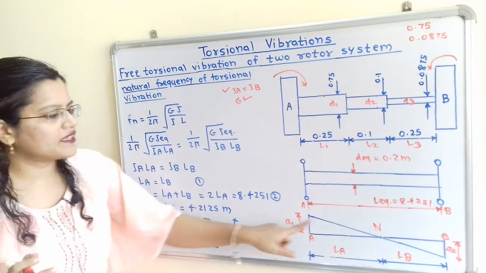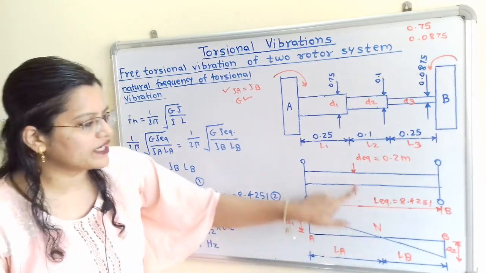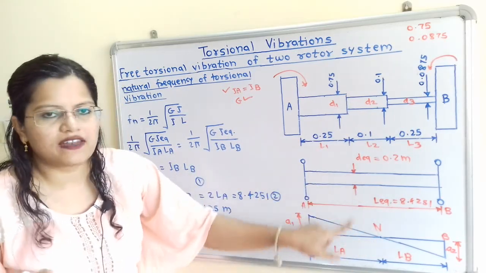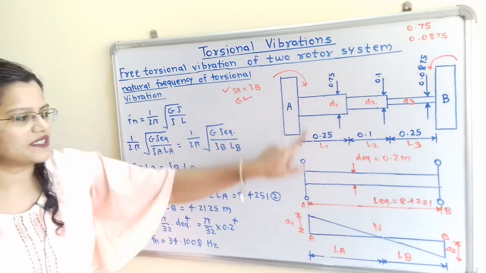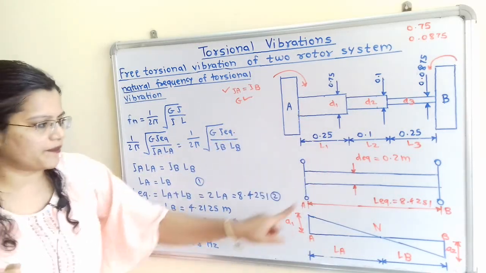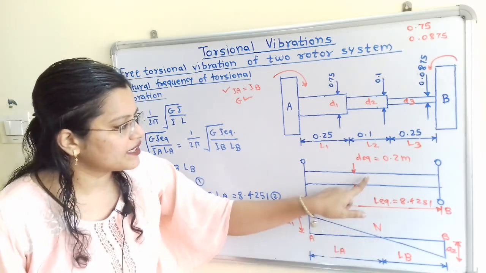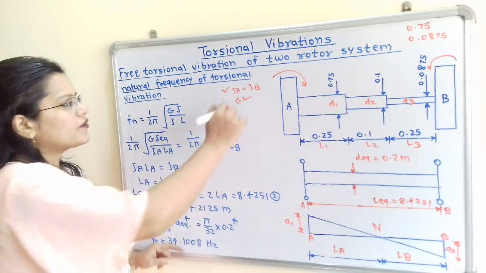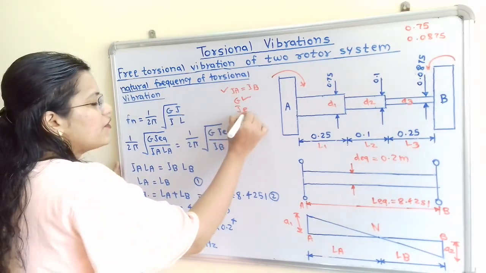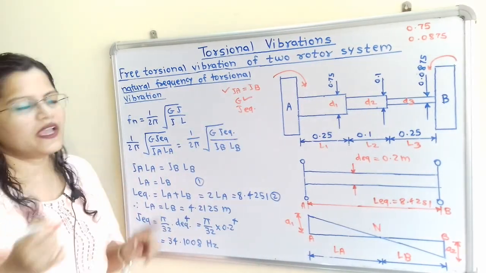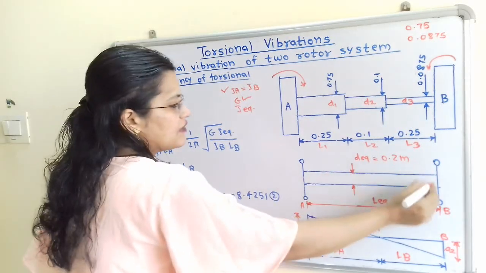So remember this node point that I have shown here, that is for equivalent system. This is the actual system and this is the equivalent system. And the node point, that is the location of node point, is for the equivalent system. So here we have to calculate J for J equivalent. And what is the formula to calculate for the shaft?